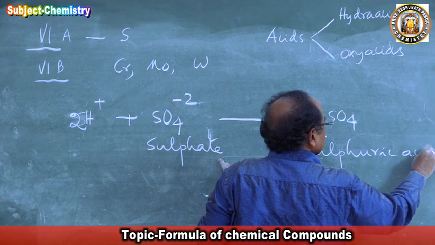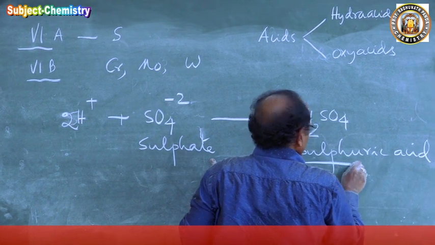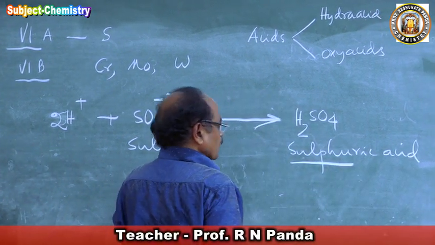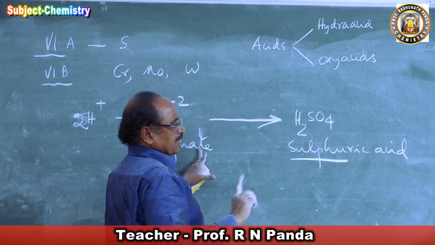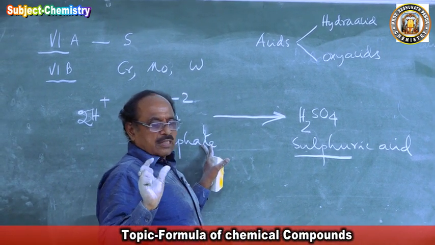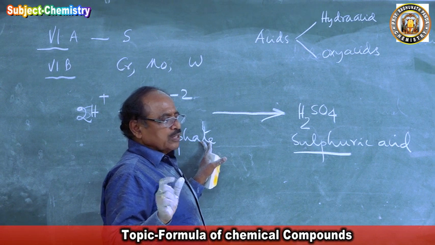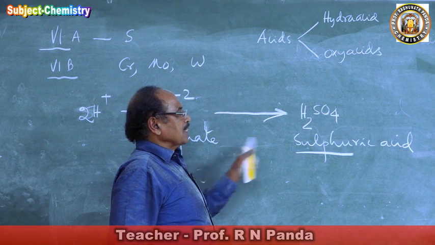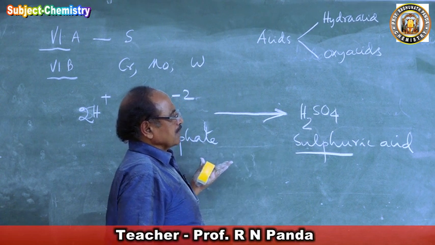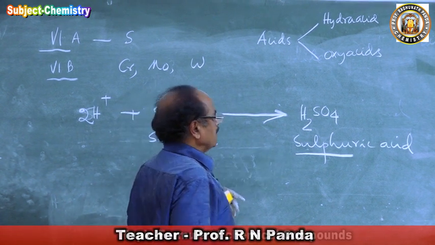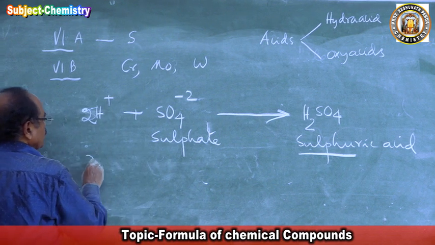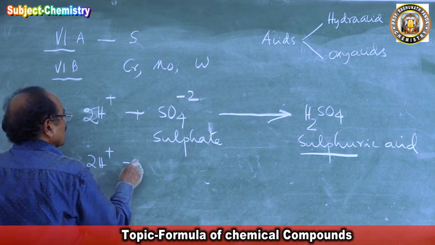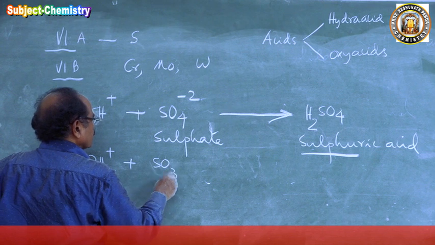Here is a deviation. Sulfate minus ATE plus IC would give sulfic acid, but sulfic acid will not sound much better. So they went to the element sulfur, and from sulfur they wrote sulfuric acid. Then comes 2H plus with SO3 minus 2.